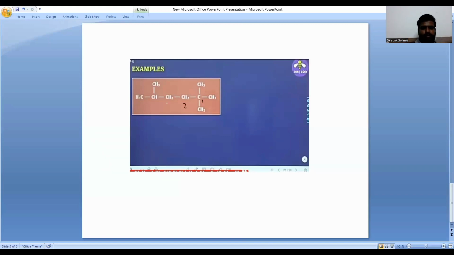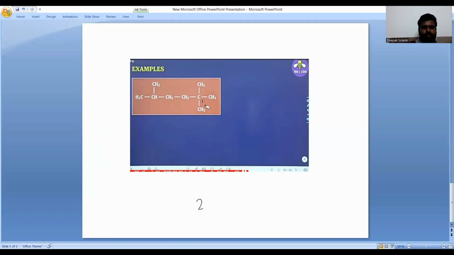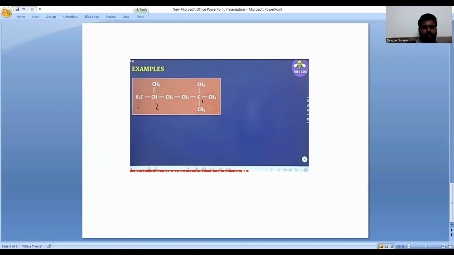Sorry, by mistake I have given a wrong numbering, so again I am giving the numbering. From here we will take the numbering: 1 2 3 4 and 5.